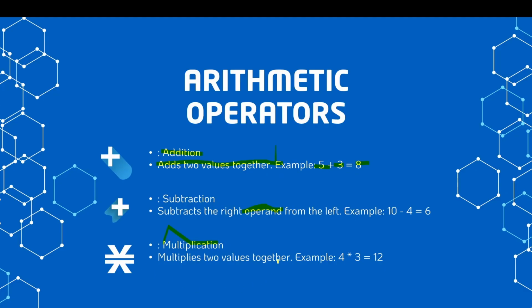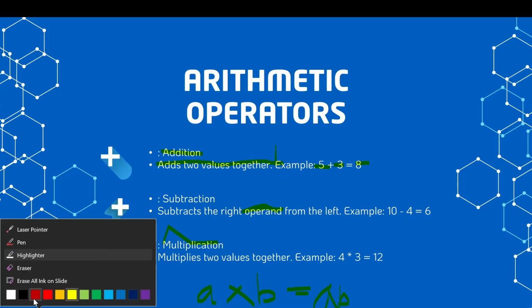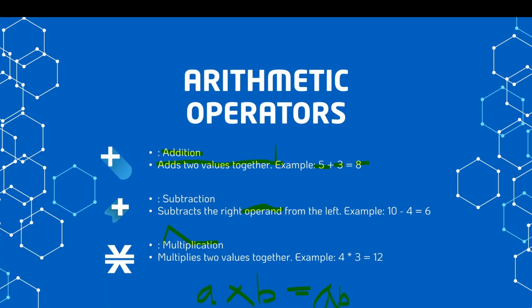In mathematics, we used to write A cross B and get AB. But we are not going to use this sign in our Python. We are going to use this star, which is also known as asterisk, for the multiplication.